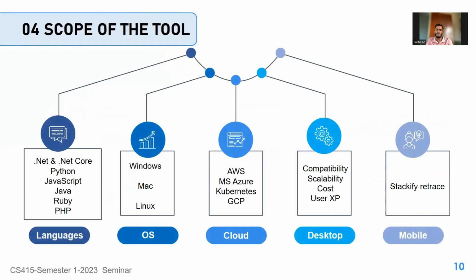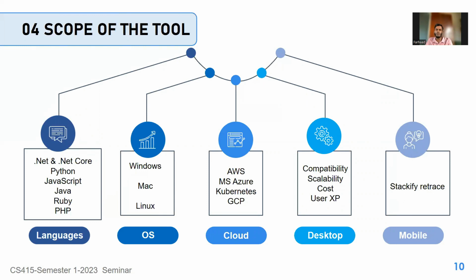Next, we have the scope, talking about the languages that Prefix covers. It covers .NET and .NET Core, Python, JavaScript, Java, Ruby, and PHP. And the operating systems that this particular tool runs on are Windows, Mac, and Linux.